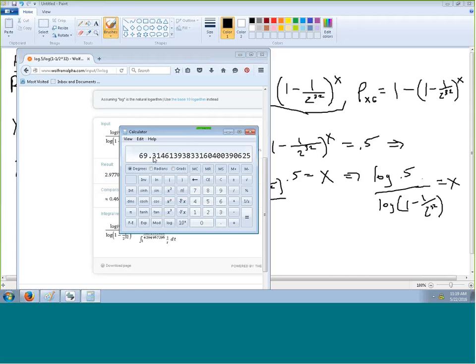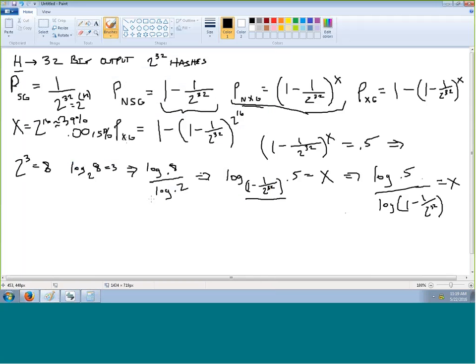Okay, so I'm having to exhaust about 69.31% of my whole hash output space in order to, not guaranteed, but have it likely that I'm able to generate a collision.